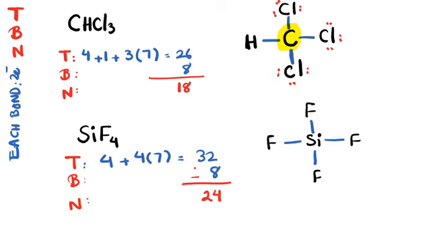I subtract 8 from 32, which gives 24. There is no hydrogen, so we add 6 electrons to each fluorine. You just need to count: 24 electrons are already added. Our central atom should follow the octet rule. Let me count: 2, 4, 6, 8. So we have 8 valence electrons for that one. This is the Lewis structure of SiF4.